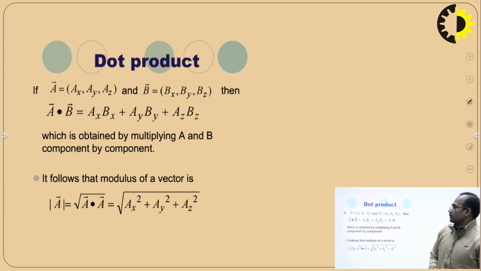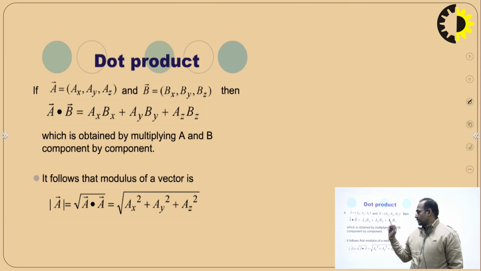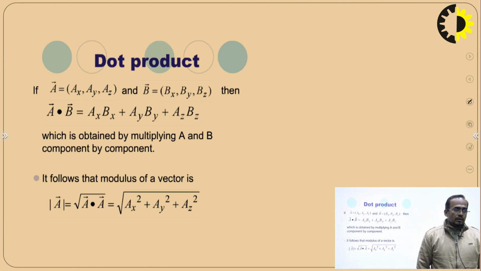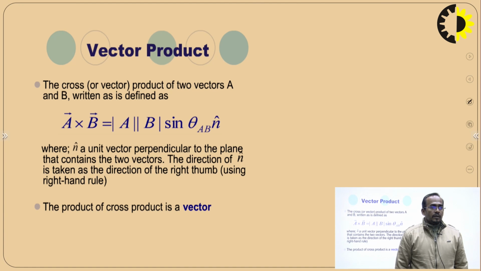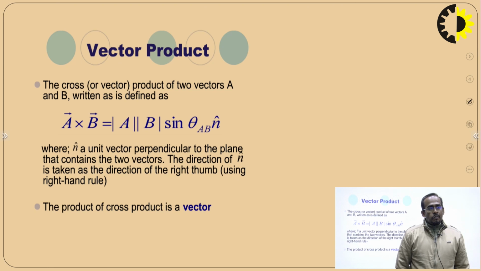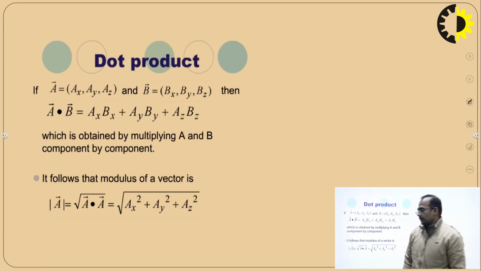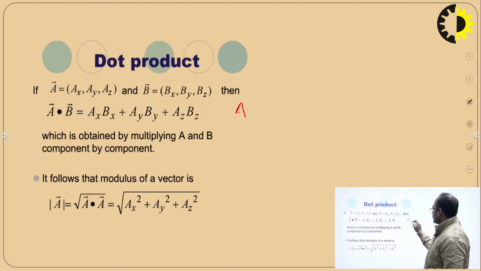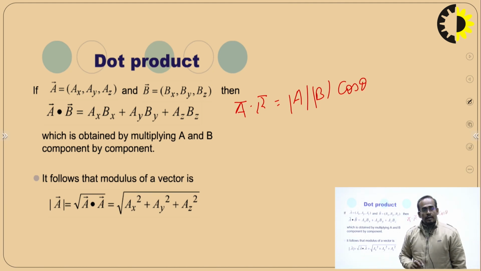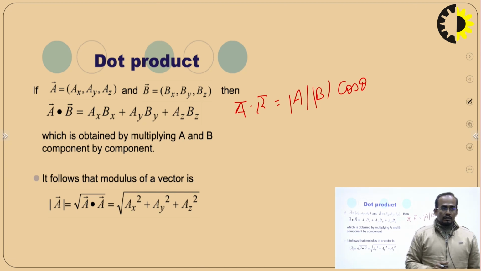So A dot B is equal to AxBx plus AyBy plus AzBz, which is obtained by multiplying the corresponding components of A and B. In the dot product you can also write A dot B as mod A mod B cos theta, where theta represents the angle between vector A and vector B.